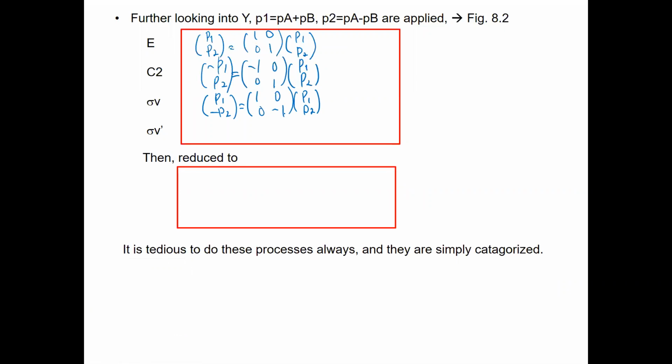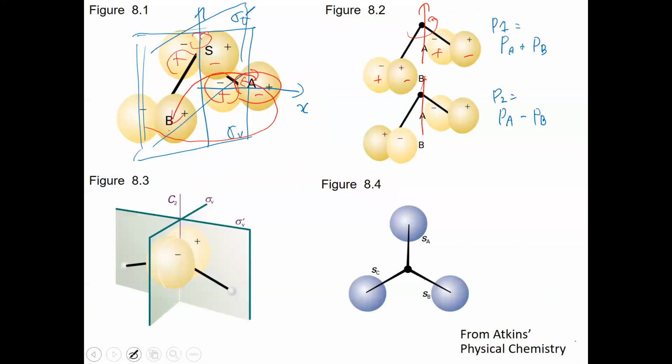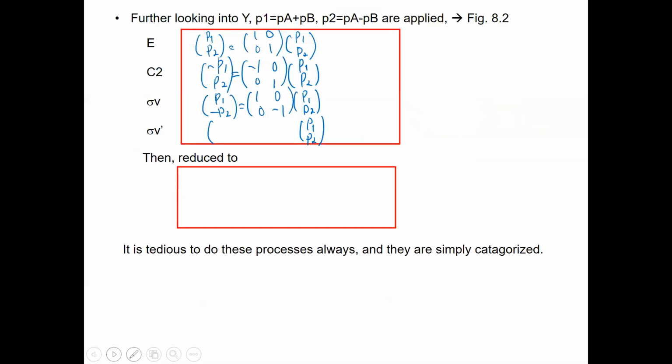And similarly, if you try the sigma V dash case, P1, P2 is changed into, let me see, both signs changed. So minus P1, minus P2, equal to minus 1, 0, 0, minus 1. Right?